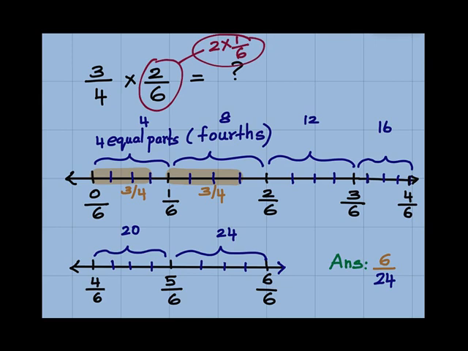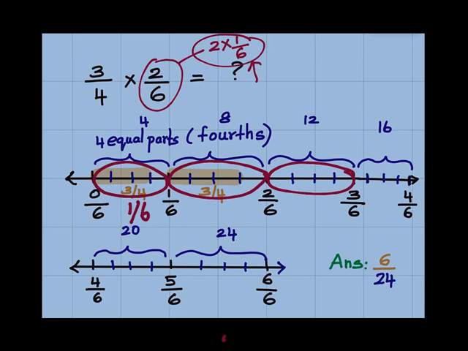So that is the reason I partitioned the number line into 1/6. So between each partition or each unit, the value is 1/6. So this is 1/6, this is 1/6. Between each partition or each unit, the value is 1/6.